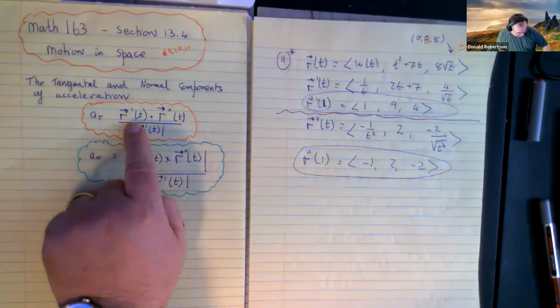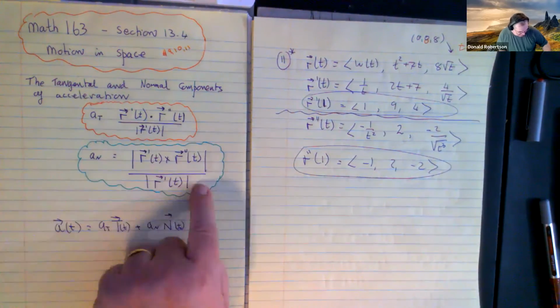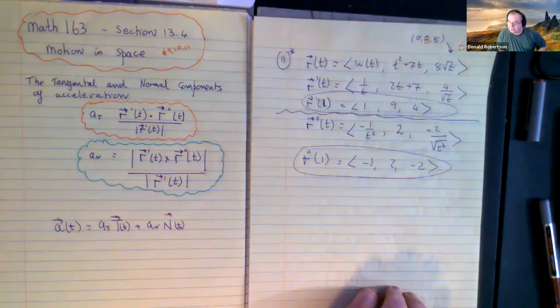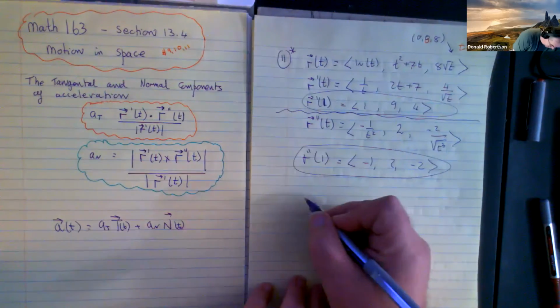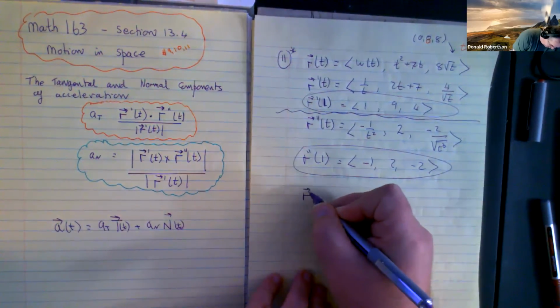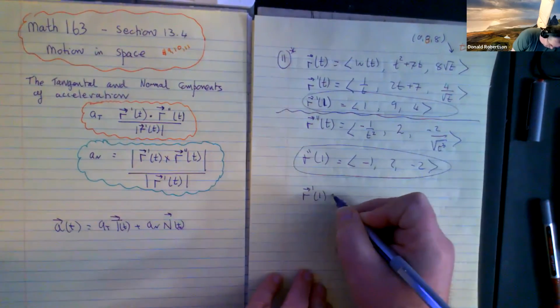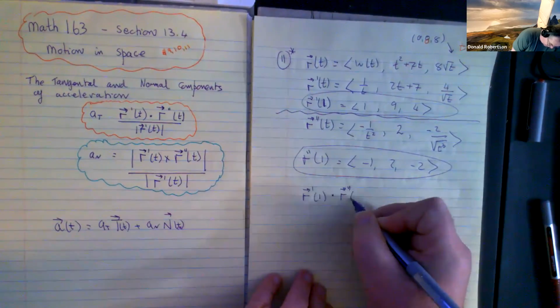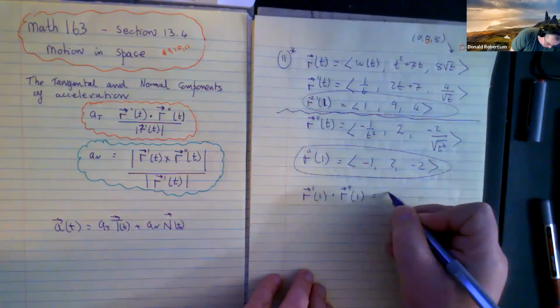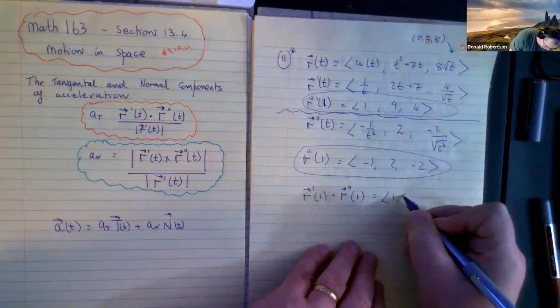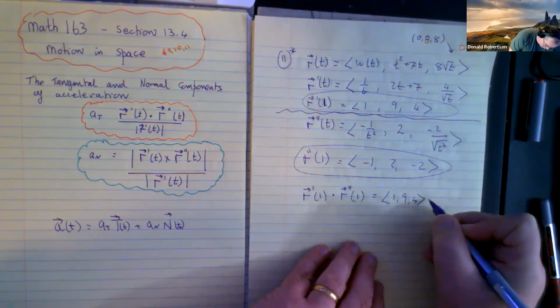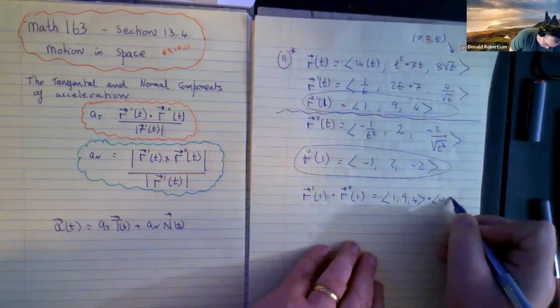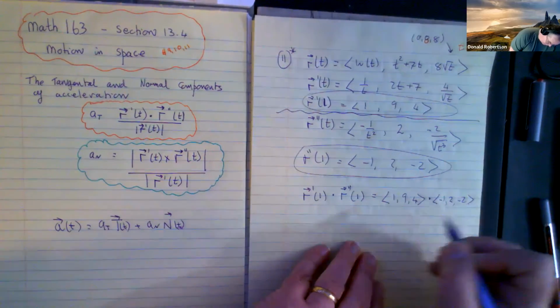So we can use this formula, but with numbers. I need to find the dot product of the first and second derivative at 1. So it's going to be the dot product of (1, 9, 4) with (-1, 2, -2).